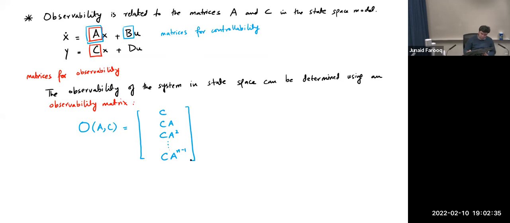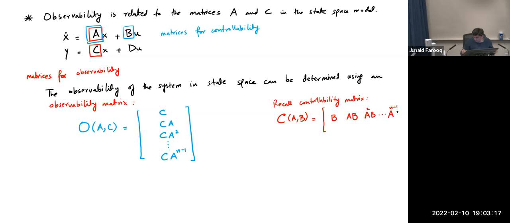Right, so analogous to the controllability, and I can mention here, recall, if you remember, the controllability of A and B was the vector B and then AB, A squared B, A to the power n minus 1 times B, and then you determine the rank.